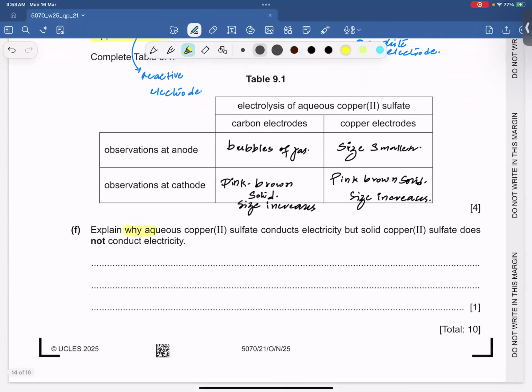Explain why aqueous copper sulfate conducts electricity, but solid copper sulfate cannot.